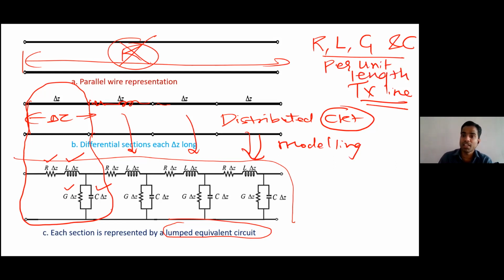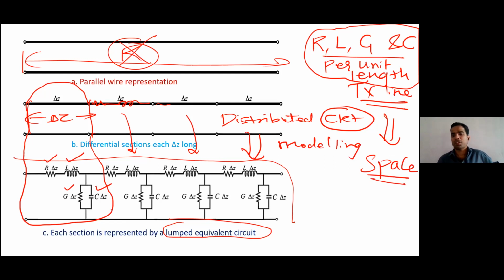So that means here length comes into picture. And that is why, in the introduction lecture, I emphasized that when you go to high frequency, the length, or the general term space, comes into picture.